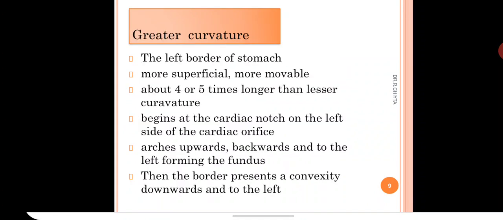Greater curvature, that is the other border, the left border of the stomach. Compared to the lesser curvature, it is more superficial, more movable, about 4 to 5 times longer than the lesser curvature. It begins at the cardiac notch on the left side of the cardiac orifice, then arches upwards and backwards to the left, forming the fundus.